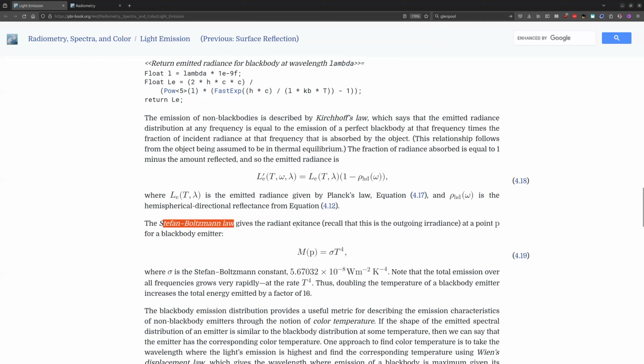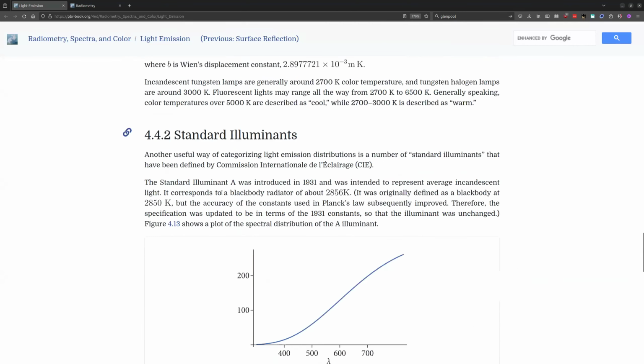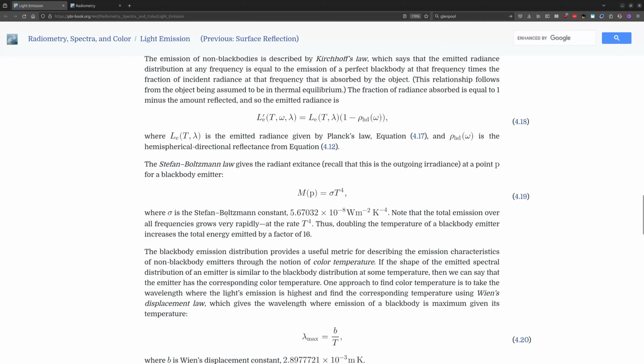So apparently my intuitive understanding of outgoing power, radiance, and irradiance is not super good, because I confused everything. So sigma times temperature to the fourth power is the radiant excitance.